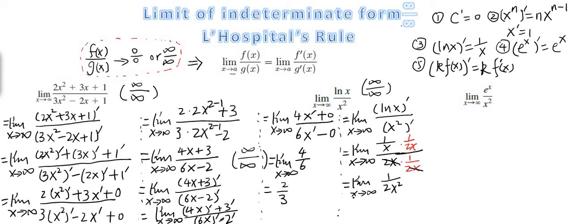Now we can tell when x approaches infinity, that should be 1 over infinity. Okay, 1 over infinity means what? It equals 0. Okay, 1 over infinity equals 0.